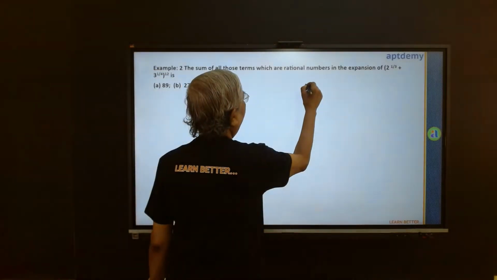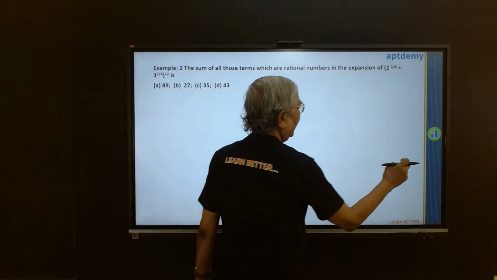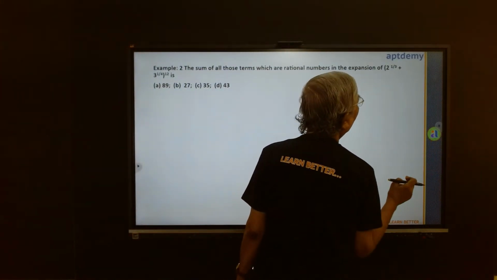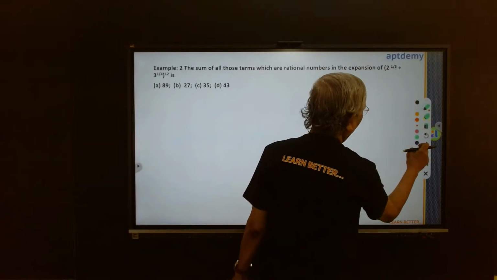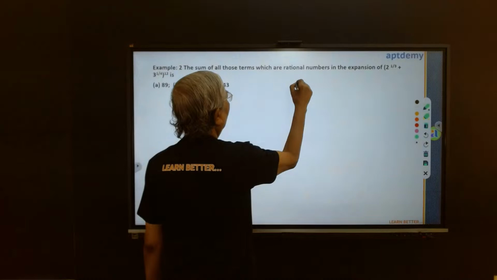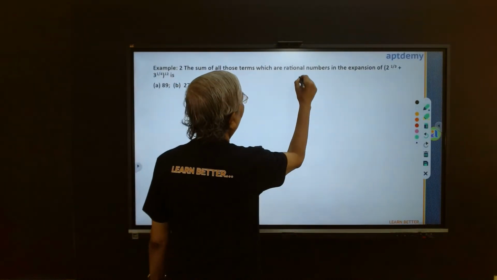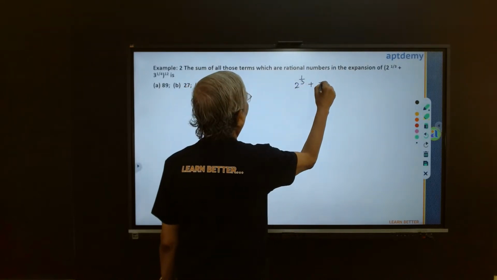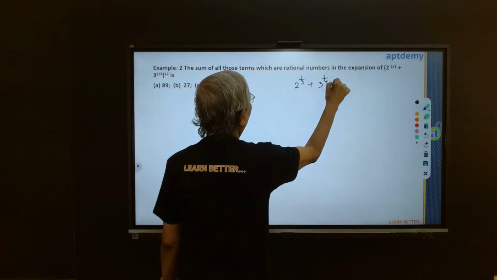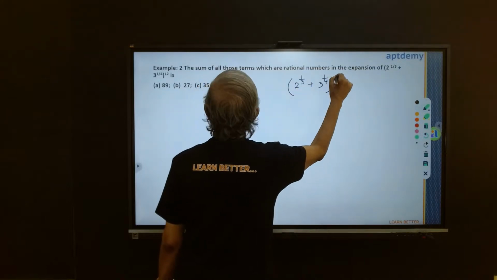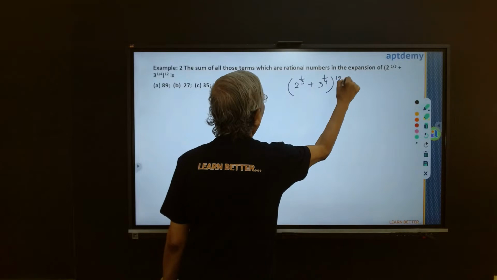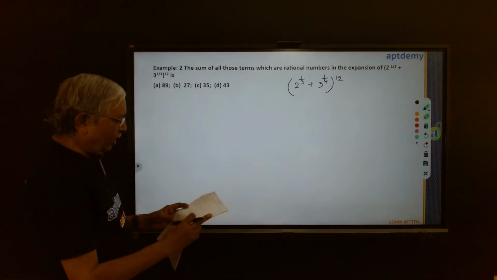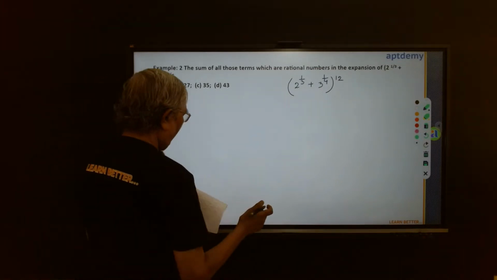So let us write the expansion first. The expansion is (2 to the power 1/3 plus 3 to the power 1/4) whole to the power 12. So first we write the general term. What is the general term?